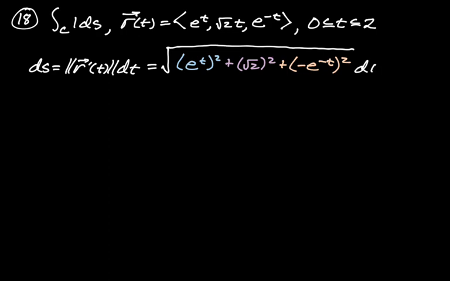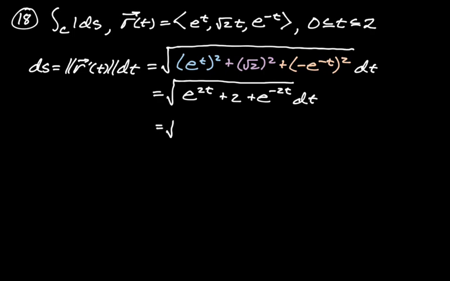Whew. dt. Okay, so this cleans up, or at least you can rewrite it, as the square root of e to the 2t plus 2 plus e to the negative 2t. And then this takes a special observation, in my opinion. This is just the square root of the quantity e to the t plus e to the negative t, squared, dt.